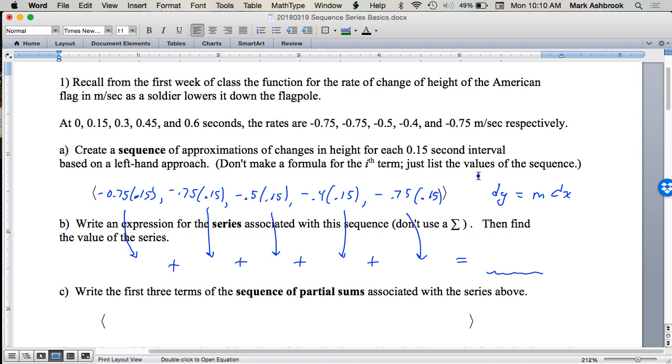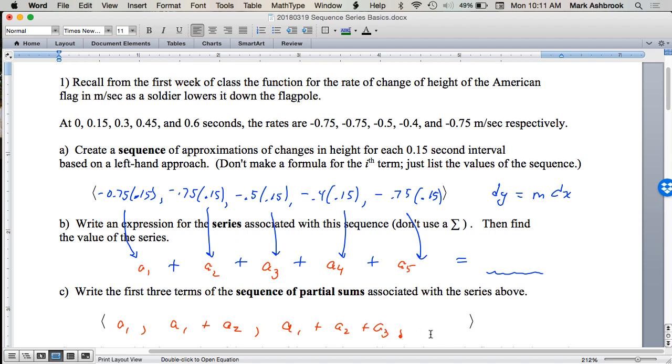So what would this be? The sequence of partial sums. So now I'm going to rewrite this, I'll just say A1, A2. The first 3 terms of the sequence of partial sums: first is A1, second is A1 plus A2, and the third one is A1 plus A2 plus A3.